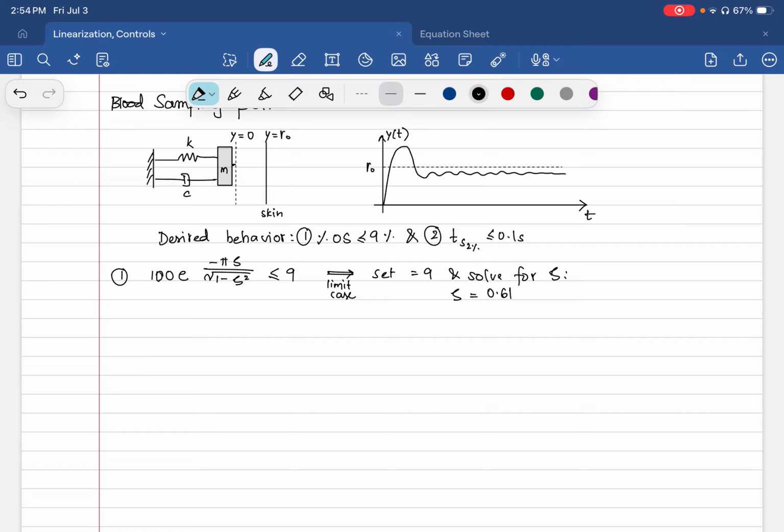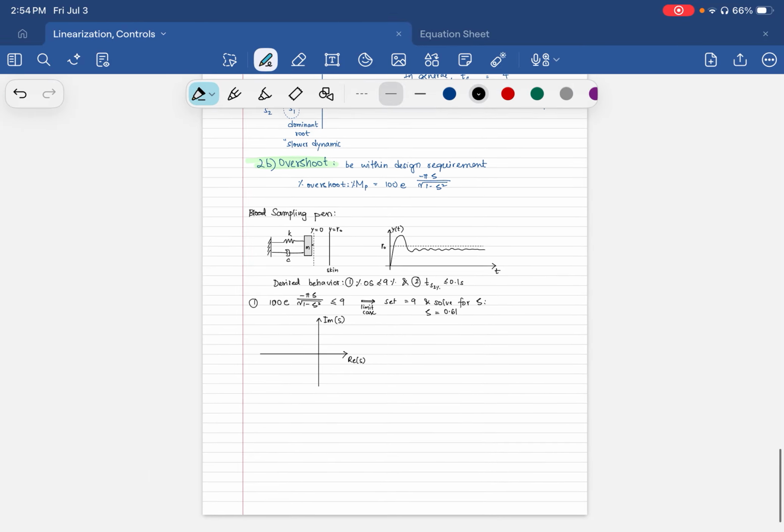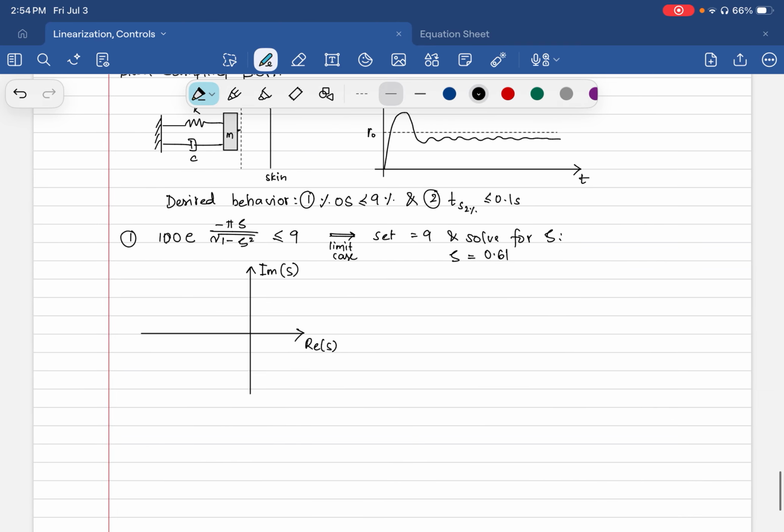Now, how does that define the region in which it operates? This was the real part of s, the imaginary part of s. To be able to understand this, let us define a pole that is second order underdamped.